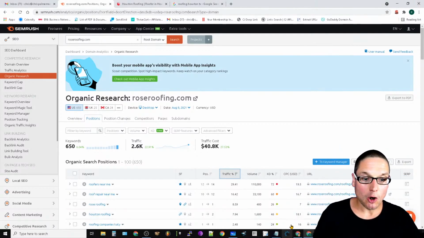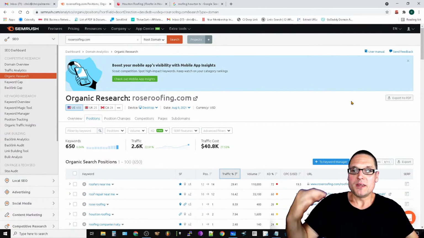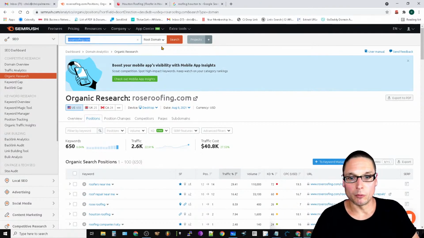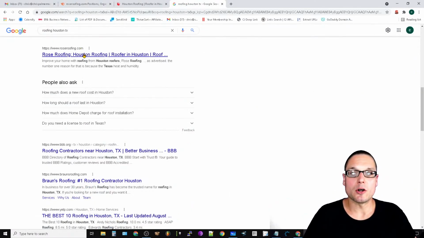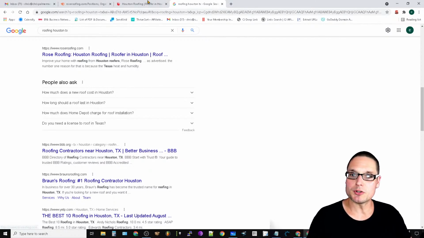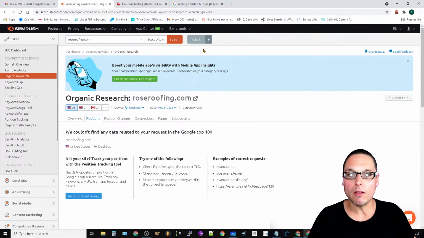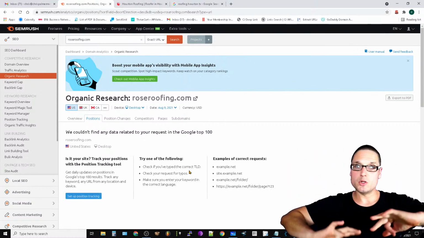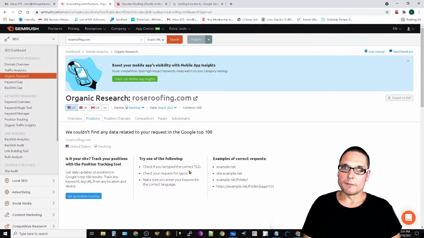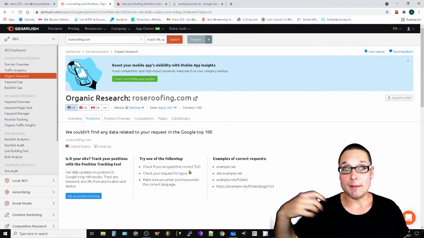So how do I determine it? Like he mentioned, how do I figure it out? If I take Rose Roofing, here's Rose Roofing, they're number one for this particular term. If I go to just that exact URL, it's not going to give me any data. Regardless of the tool you're using, when we're looking at these local SERPs, you generally don't get any type of volume.